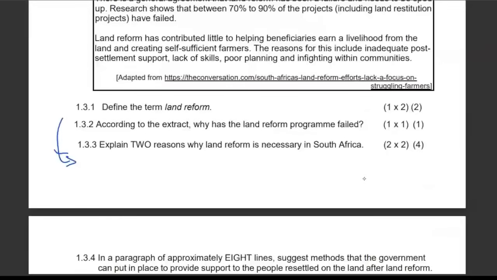What is the geographical understanding of the concept of land reform?